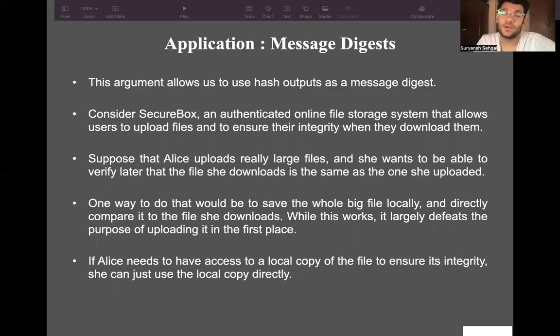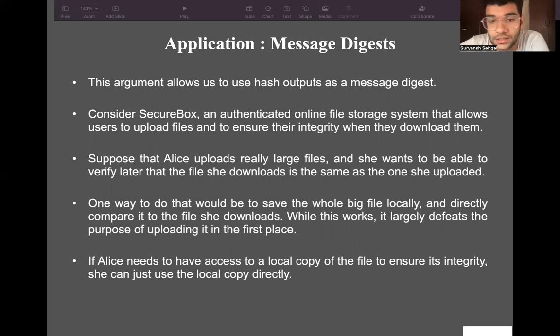An application of the collision resistance property is a message digest. Consider SecureBox, an authenticated online file storage system that allows users to upload files and ensures their integrity. Suppose that Alice uploads a really large file and she wants to be able to verify that the file she downloads later is the same as the one she uploaded.